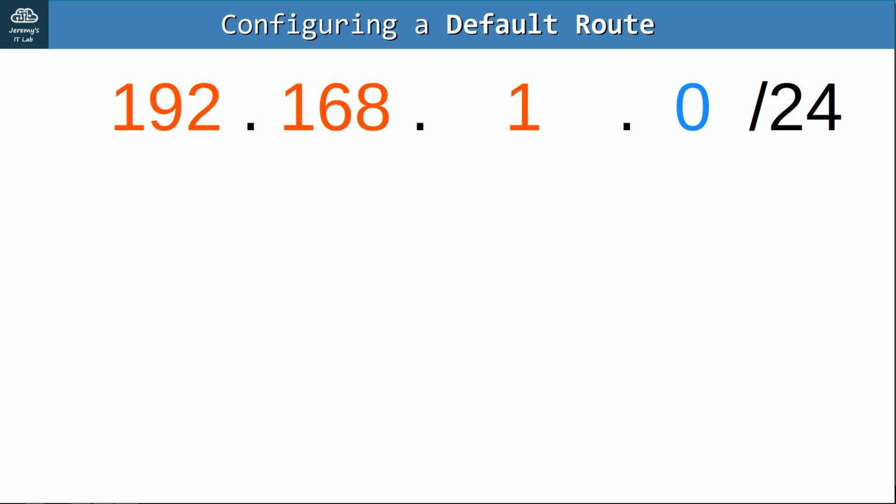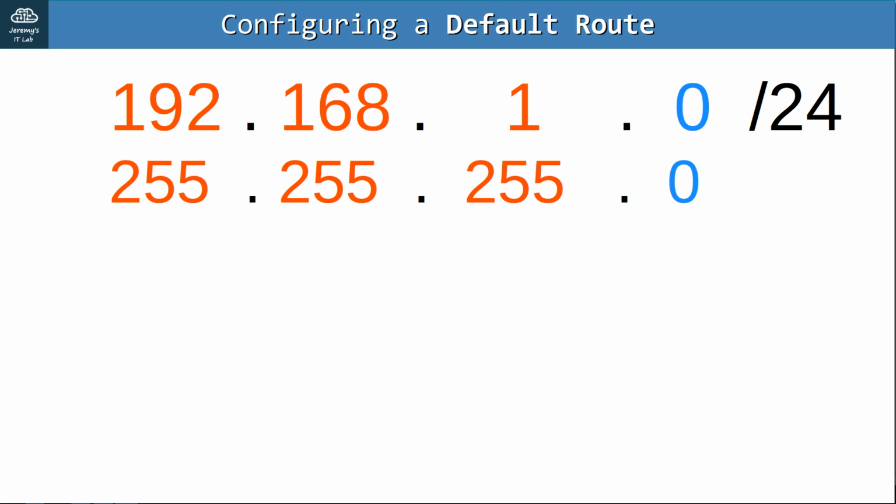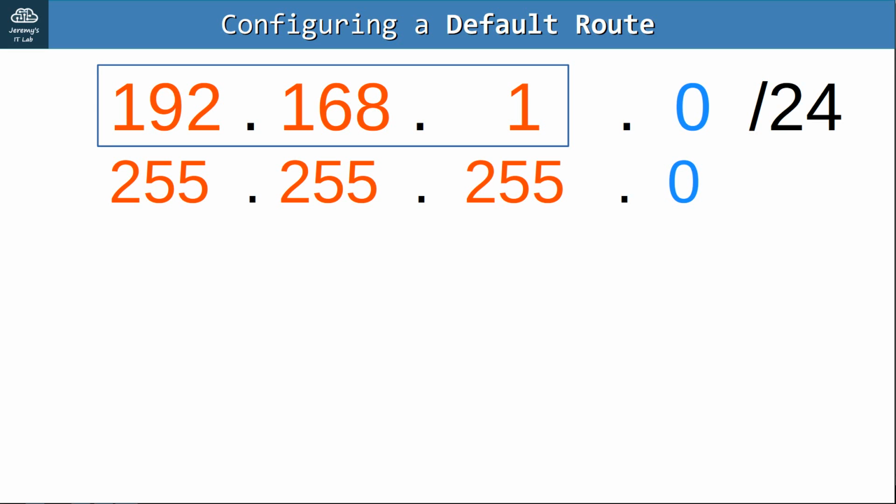Here is the 192.168.1.0/24 network, like the destination of that connected route in the routing table we just looked at. /24 means that the mask is 255.255.255.0. This mask means that these first 3 octets are fixed. They can't change.